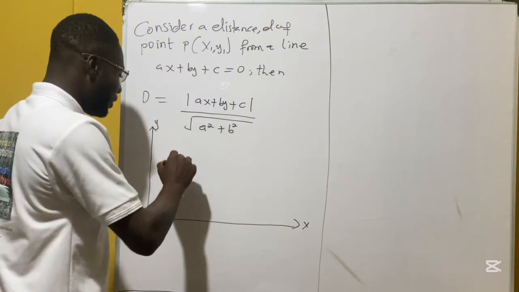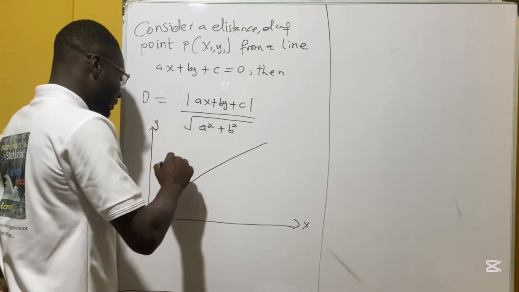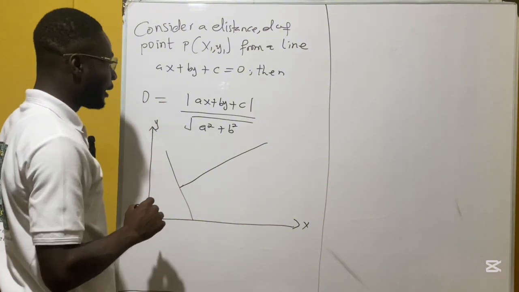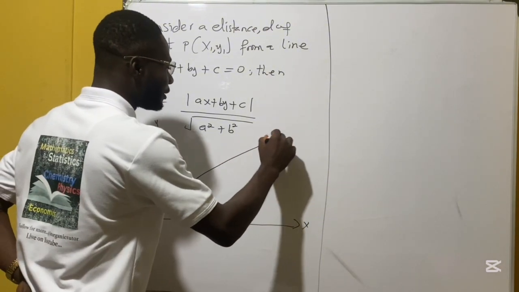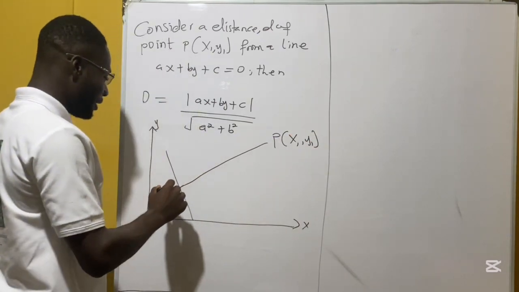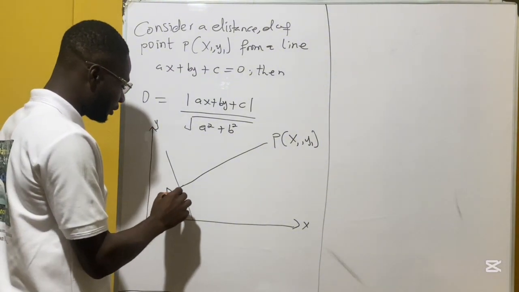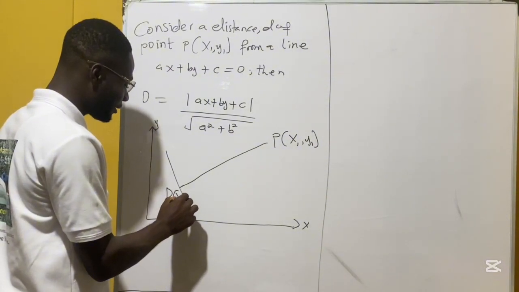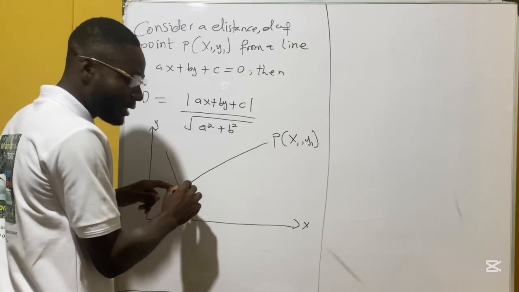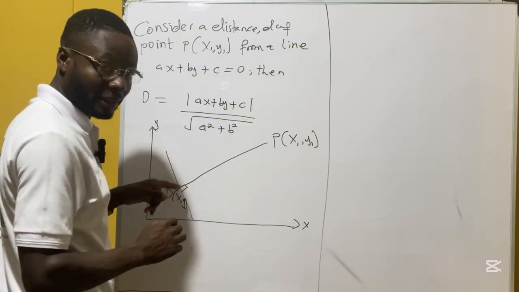We assume that this is the line, and there is another point, x1, y1, and there is the point D, which has coordinates x and y. You know that this here is forming a right angle, and that is perpendicular.